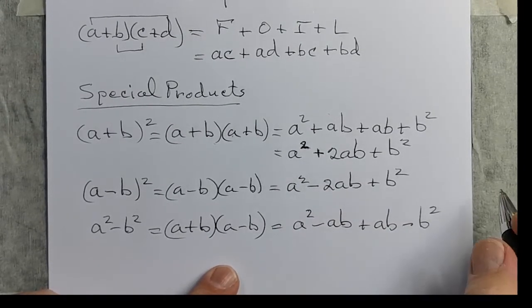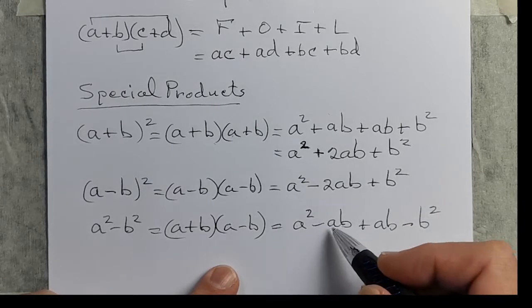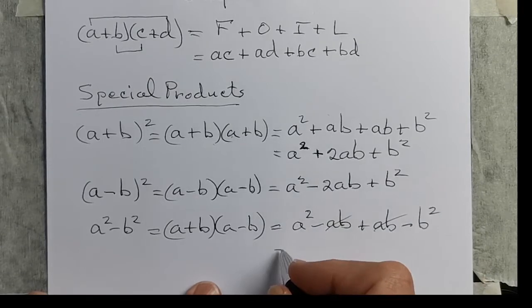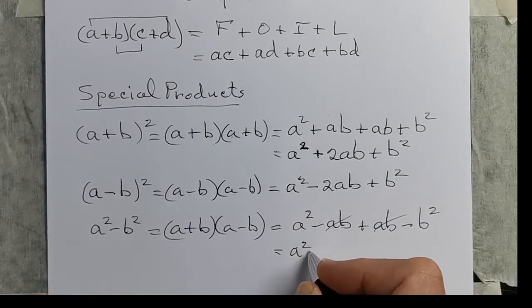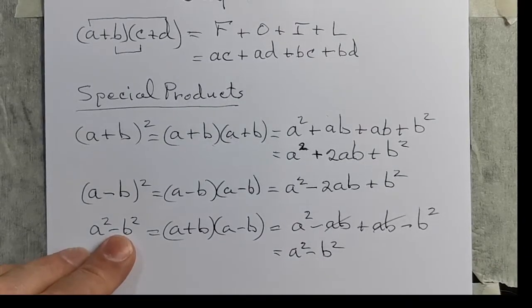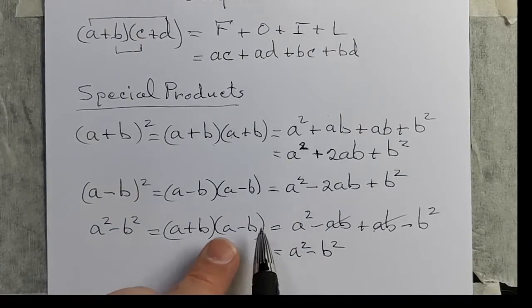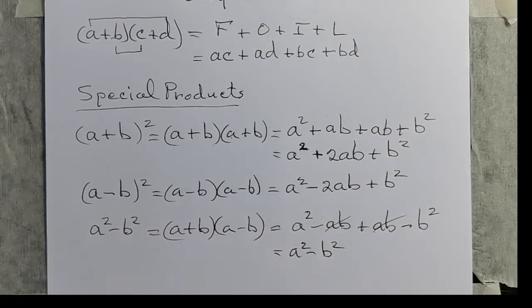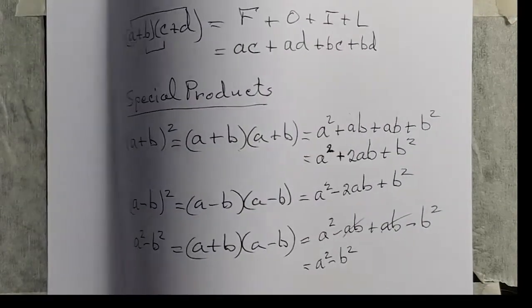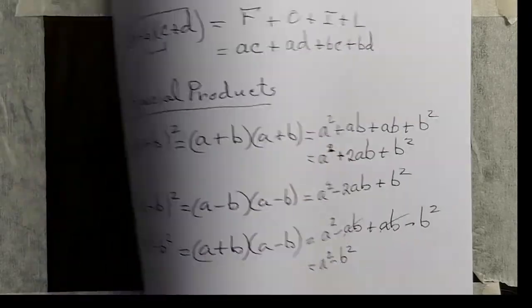Notice now that these center two terms cancel each other out right here. Zap, gone. And that is then just a squared minus b squared. So a squared minus b squared is a plus b times a minus b. Well, that concludes our review of special products. And now we will go on to some examples.